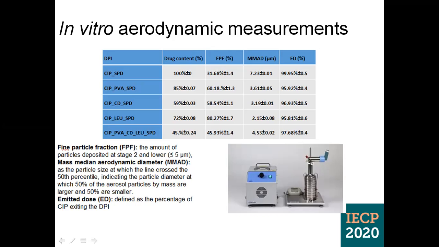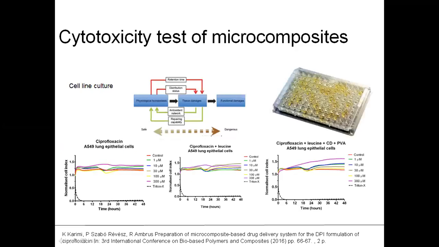After 6 months storage, the tendency was the same. With further in vivo investigation, we can test the real efficacy of the different compositions. From a cytotoxicity view, microparticles containing ciprofloxacin without excipients and with leucine or combination of excipients didn't change the impedance of lung epithelial cell monolayers in the range of 1 and 300 micromole concentrations, indicating no cellular toxicity.